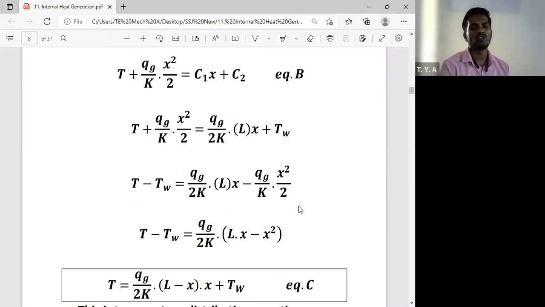Okay, put the values of C1 and C2 in equation B. So we get the equation as T plus Qg/k into x square by 2 is equal to Qg/2k into L into x plus TW.